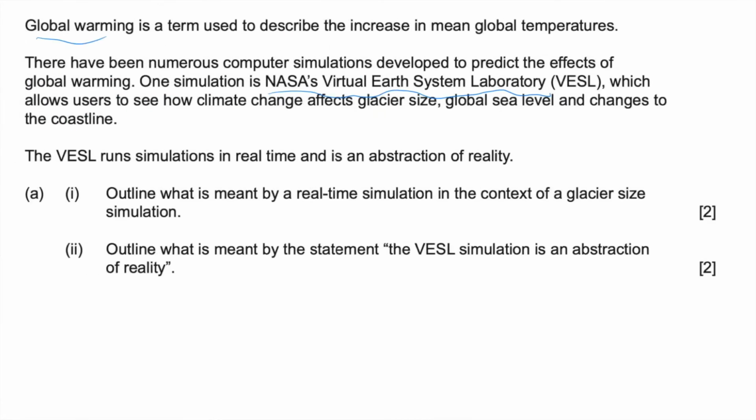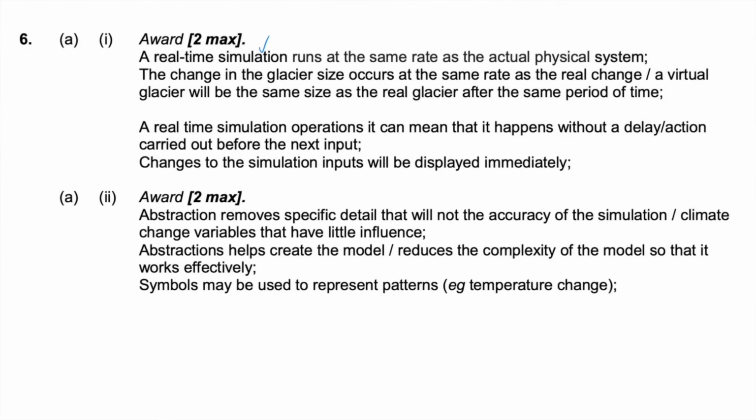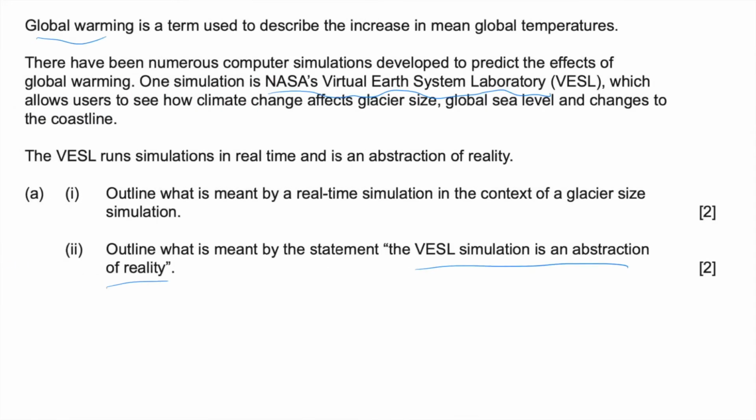Now, this question also gives us the opportunity to look at what abstraction is and what it means in the context of the IB. So outline what is meant by the statement, the simulation is an abstraction of reality. So basically an abstraction means that we're not completely simulating the situation. So we're leaving out certain variables for the sake of efficiency. And if we're talking about this being an abstraction of reality, that means that we might simulate certain aspects.